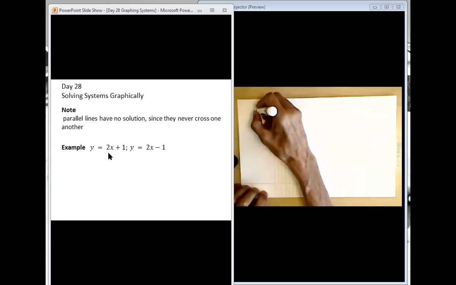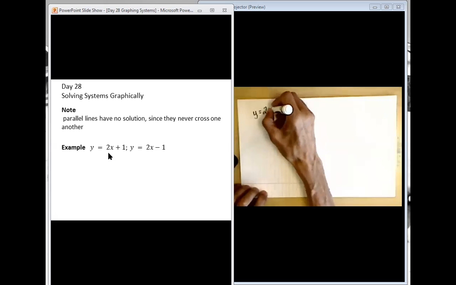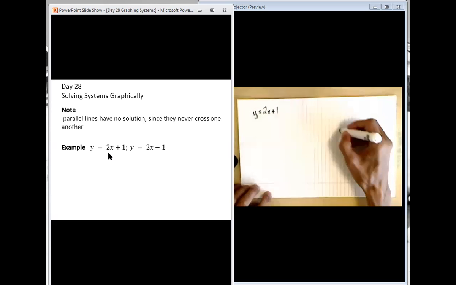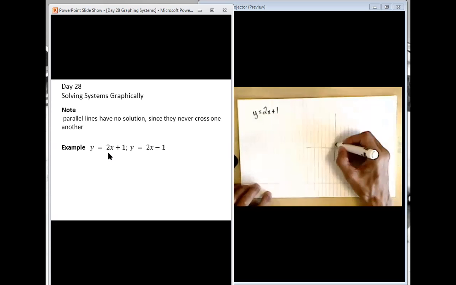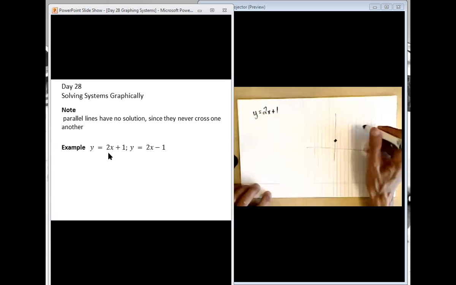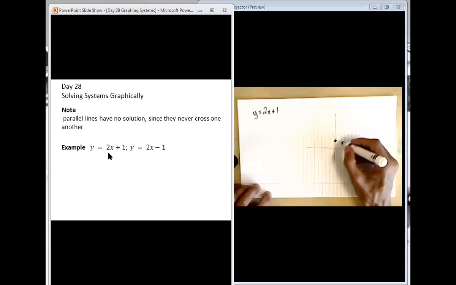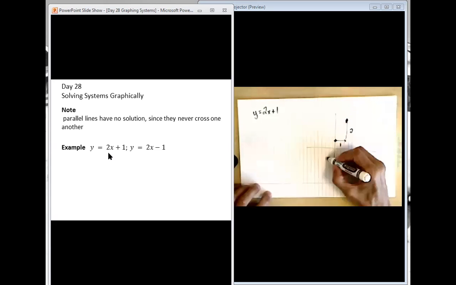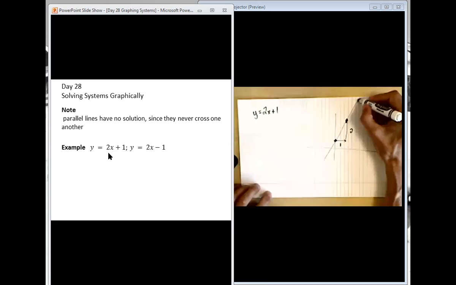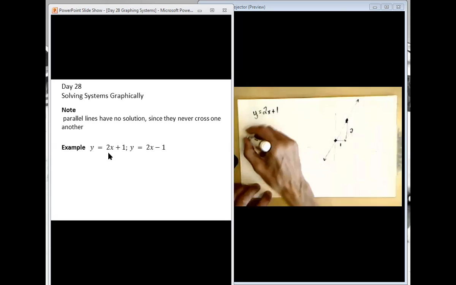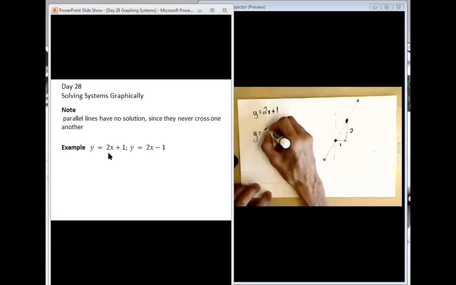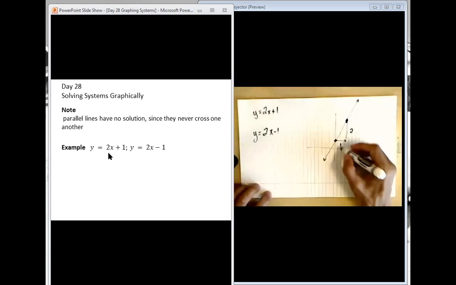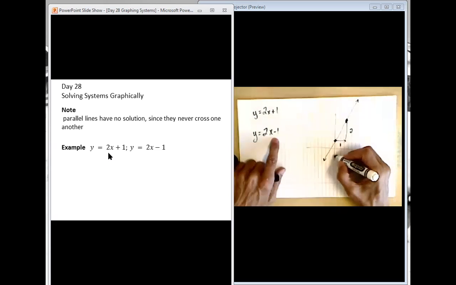So watch, when we have y is equal to 2x plus 1, right? That's going to start at plus 1. And then with the slope of 2, it goes over by 1, up by 2. Over by 1, up by 2. So that line is going to look like that. Look at this. The other line, 2x minus 1. See, it doesn't start at plus 1 anymore. It starts at minus 1 underneath. So it starts down there.